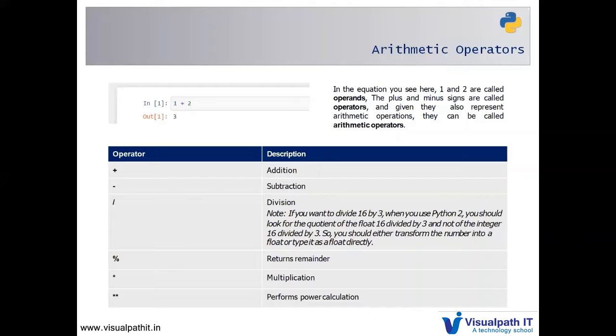If we divide 5 by 2, we would get a remainder of 1, and the modulus operator gives us that 1. The star operator is used for multiplication, and double stars are used for power calculation. Say 2 to the power of 3, we can write 2 star star 3.